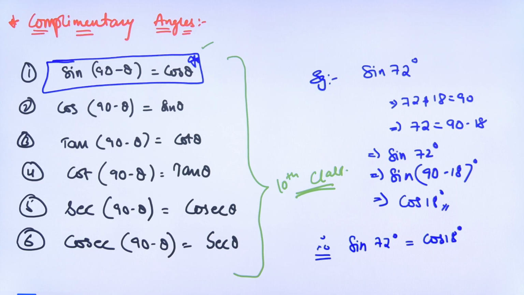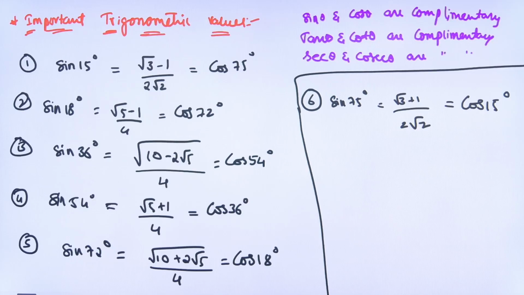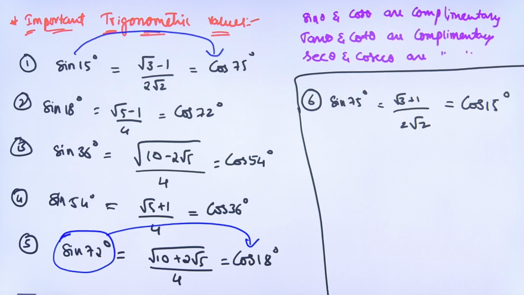Right. So if you look here, sine 72 degree, we got it as cos 18 degree, right? This example I have shown you. So understood. Similarly, sine 15 degree is cos 75 degree. Okay, sine 36 degree is cos 54 degree.